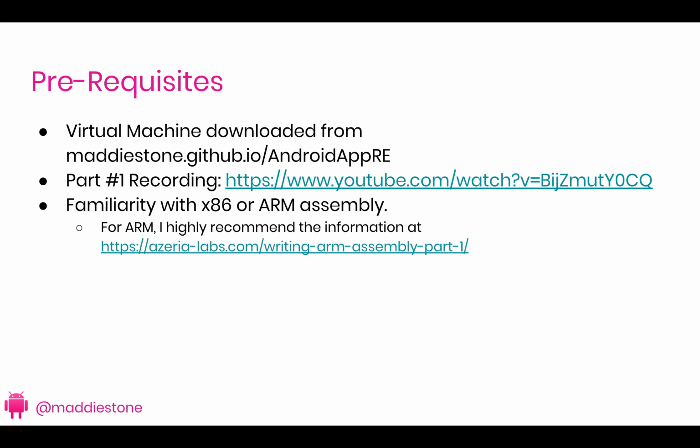So as I said before, this is part two. The prerequisites for taking part in this, before you get further into it, is first, you'll need the virtual machine that we used in part one, which is downloaded from maddystone.github.io/androidappre, the same place you can find all of the materials and information I present in this recording.